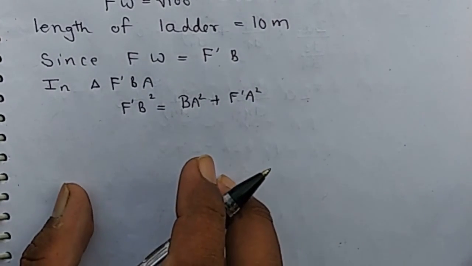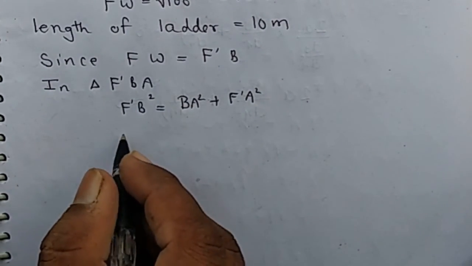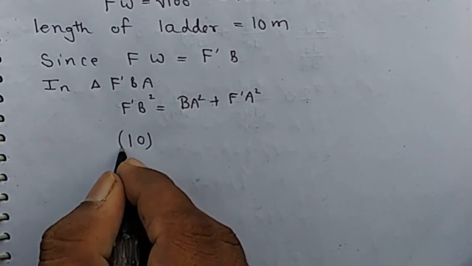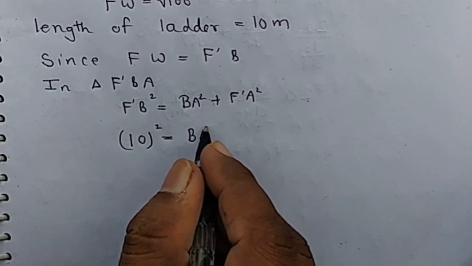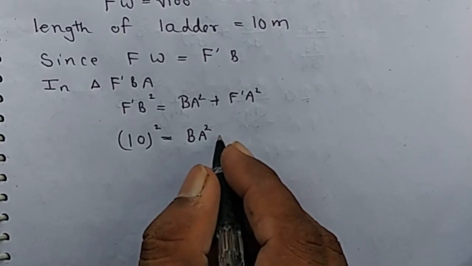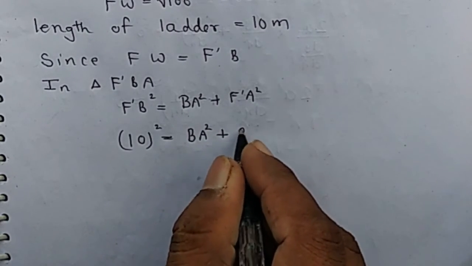Now put the value of F dash B, which is equal to FW, means 10 square. BA is unknown, we have to find the value of BA, and F dash A is 8 meter.